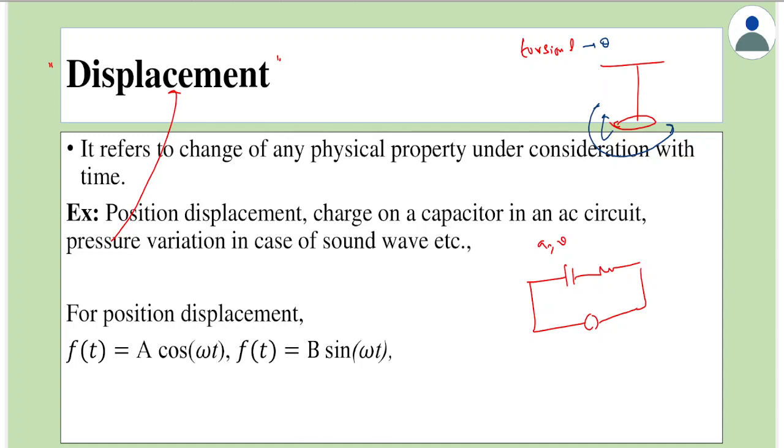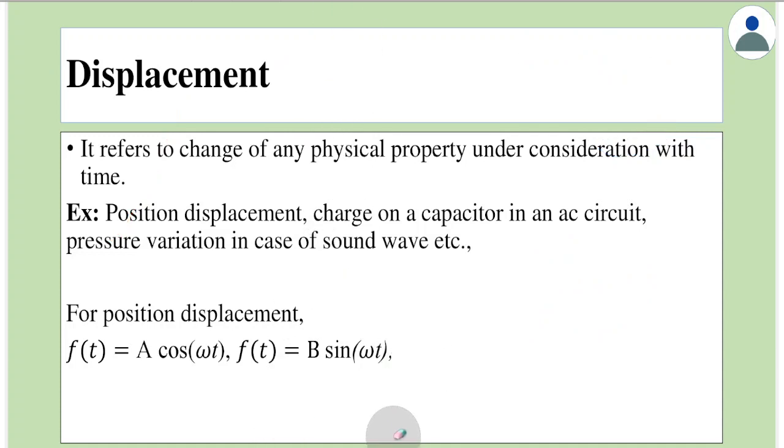Now in case of a periodic motion or oscillatory motion, the general form for displacement is given here. The most common examples for oscillatory motions as a function of time could be A into cos omega t, or B into sin omega t. These are general forms of equations for displacement, where this function could mean anything.